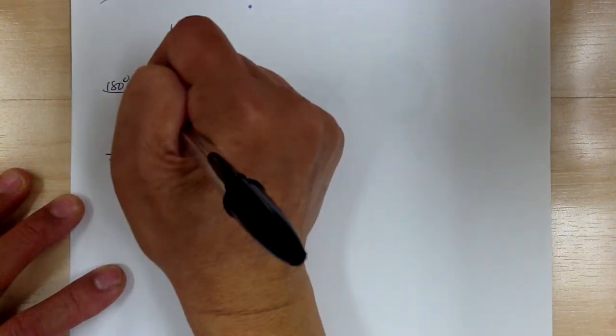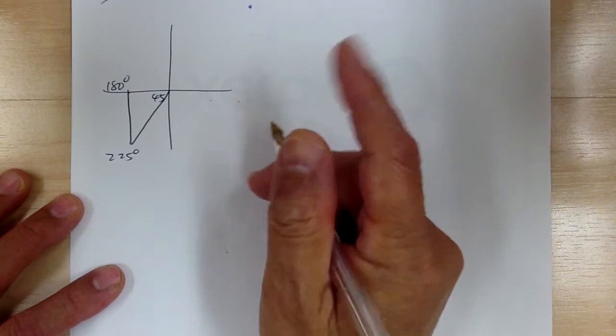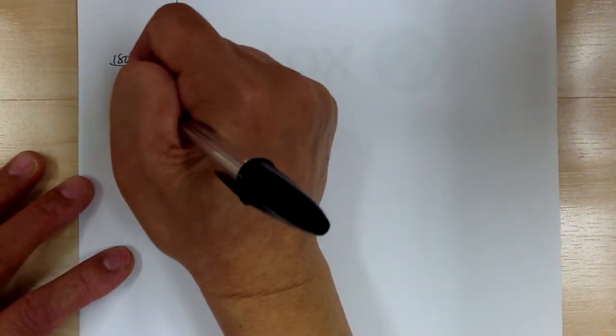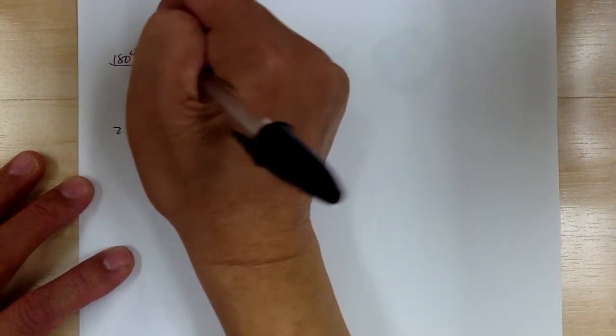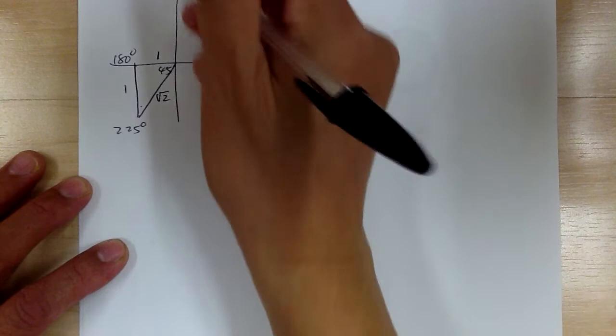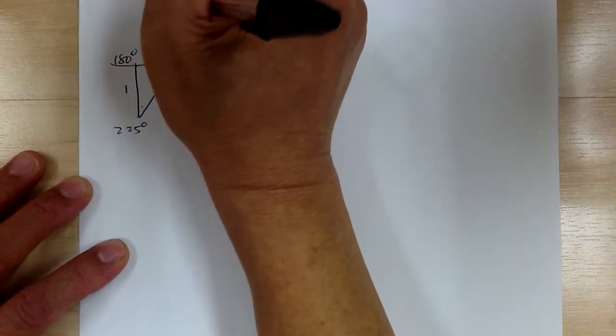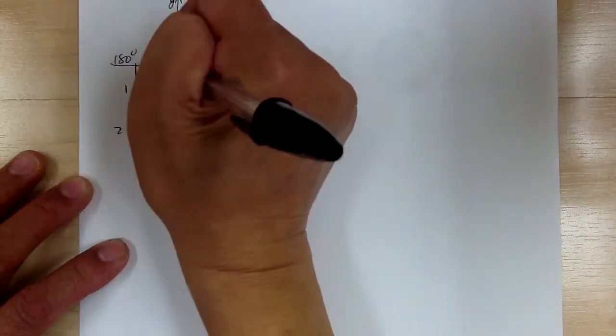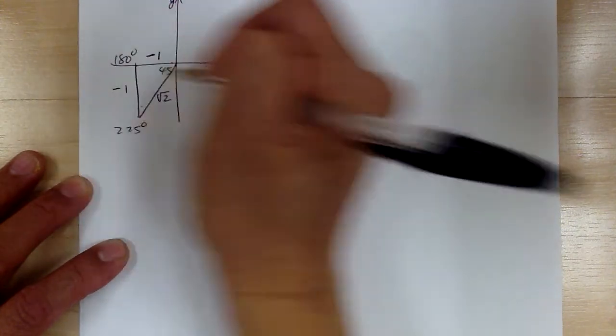So this would be 45 degrees. So you need to know from your special triangle, when you have 45, the lengths would be 1, 1, square root of 2. Okay? But because this is negative, right? So you can look at your number lines. Here's 0. So when you go in this direction, this is negative and this is negative.